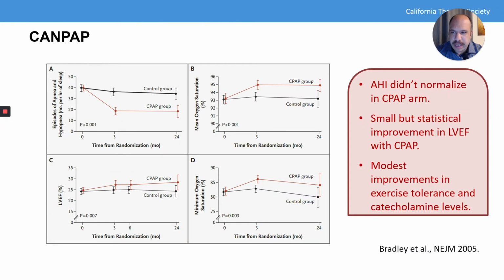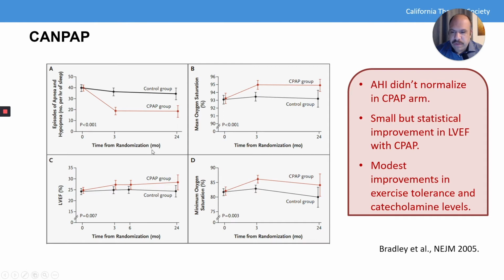There was a reduction in AHI in those patients who were randomized to CPAP relative to control, and concomitant increases in the mean oxygen saturation and the nadir oxygen saturation. As you might expect, it's notable that the CPAP didn't normalize the AHI in the group overall.